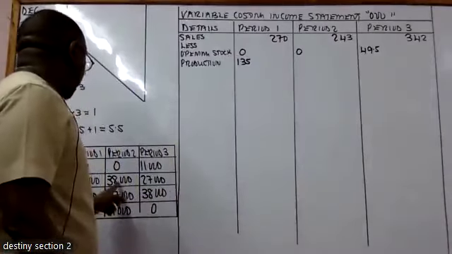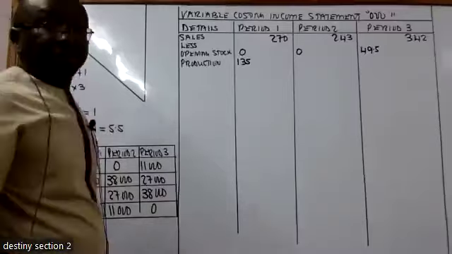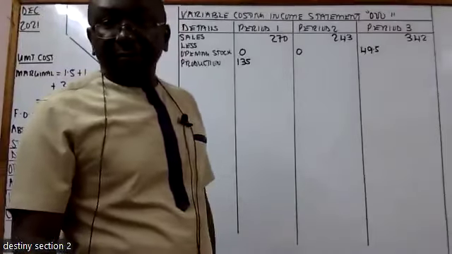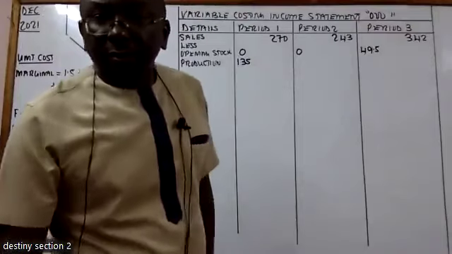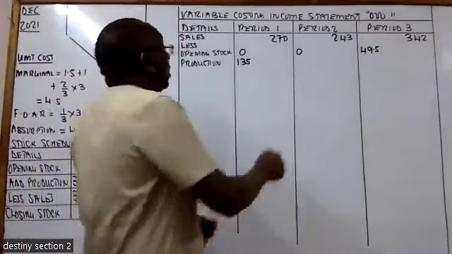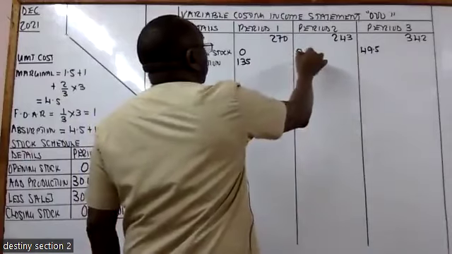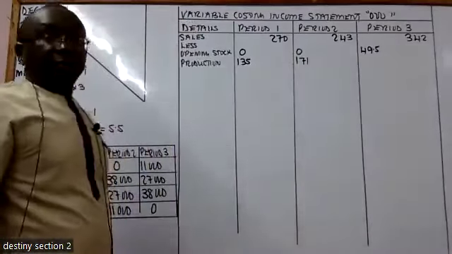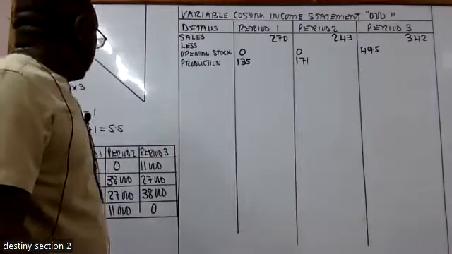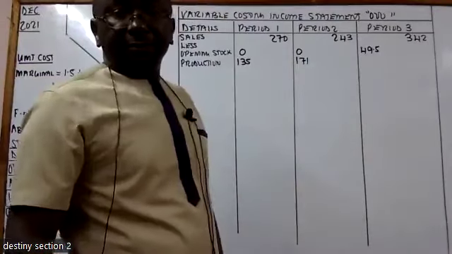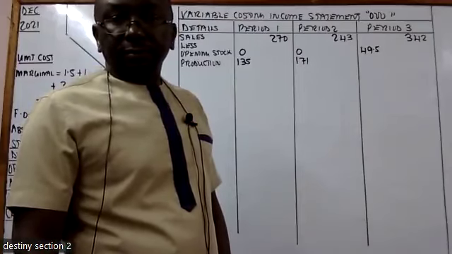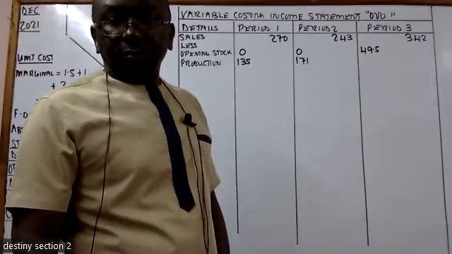Then 38 times 4.5 is 171. Then 27 times 4.5.